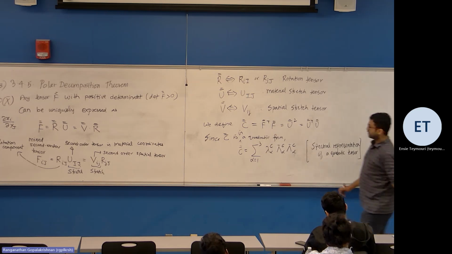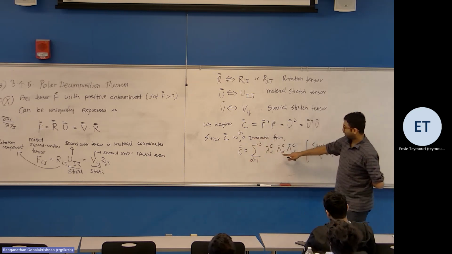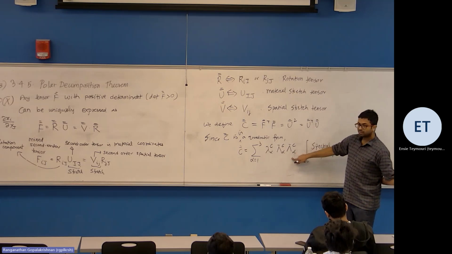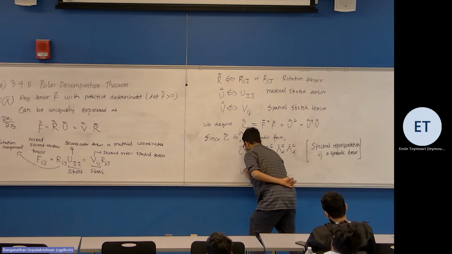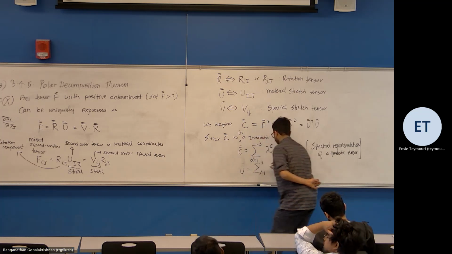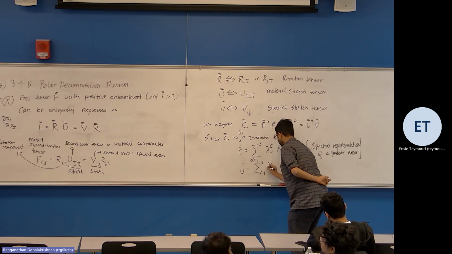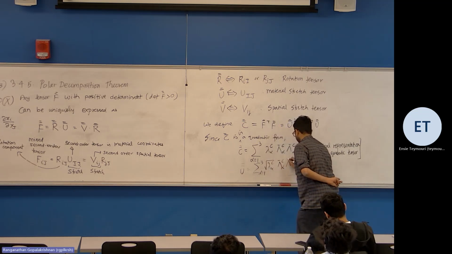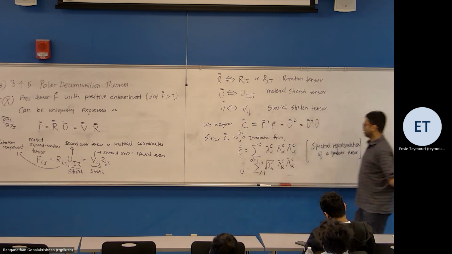So if C is in a quadratic form, we can calculate the eigenvalues of C and its eigenvectors and use them to construct a basis. U would be the same basis vectors with the square root of lambda alpha C, gamma alpha C gamma alpha C.